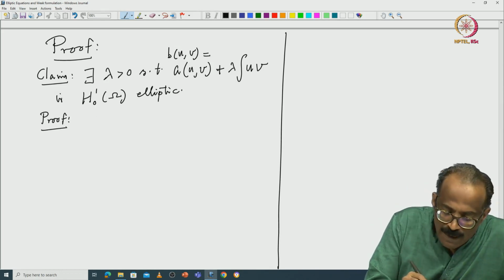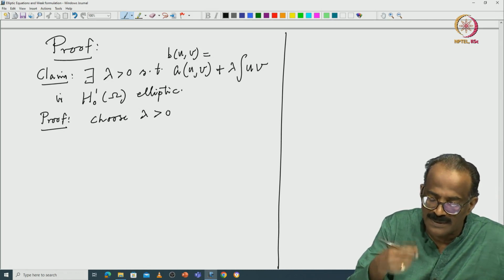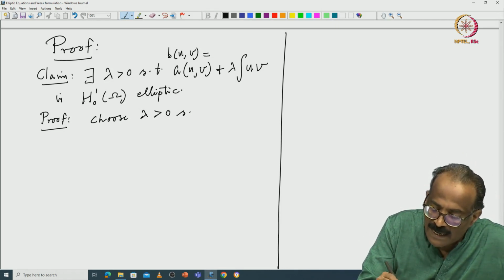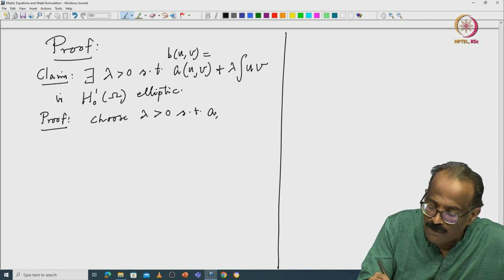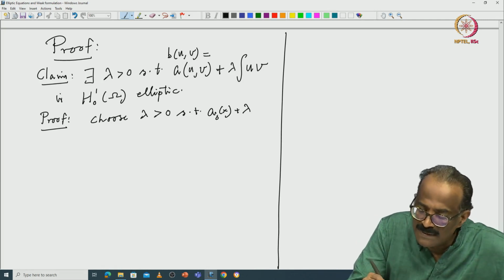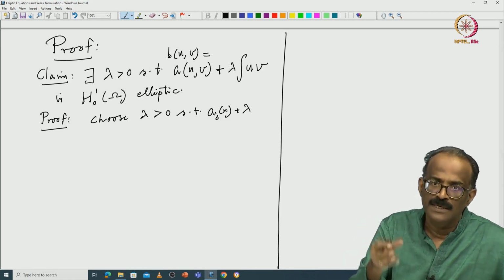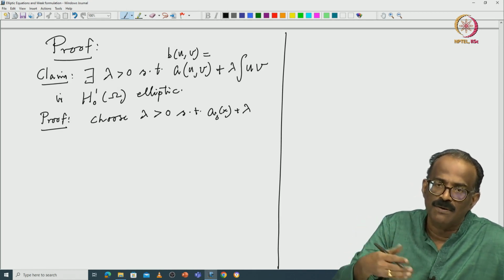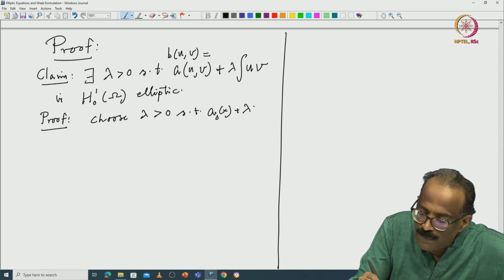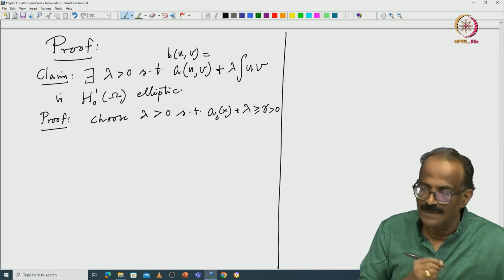So, choose lambda positive. Because this A naught is a C infinity function, such that A naught of x plus lambda, you can add a large enough lambda. So, this is away from 0. A naught need not be, but it is in L infinity, so you can put a positive quantity bigger than that. So, this should be greater than or equal to some gamma positive, you can do that.